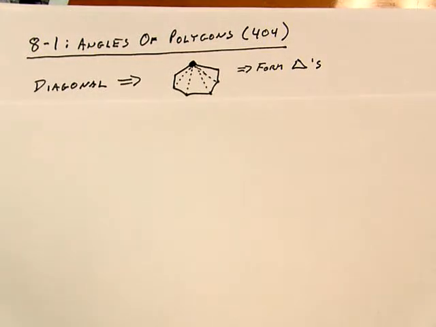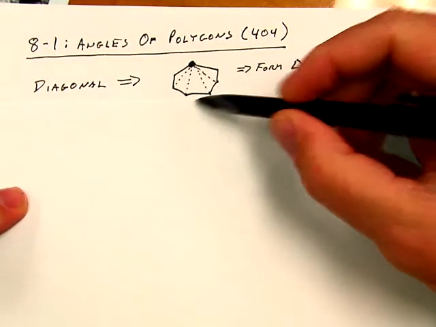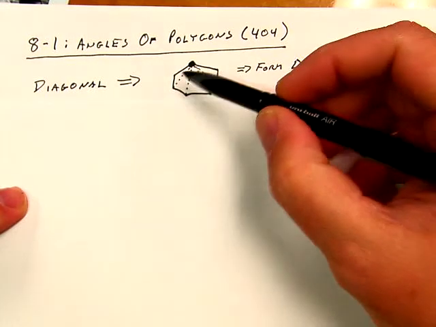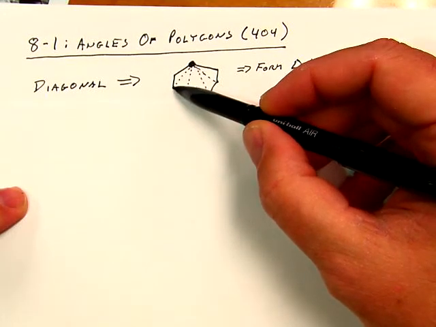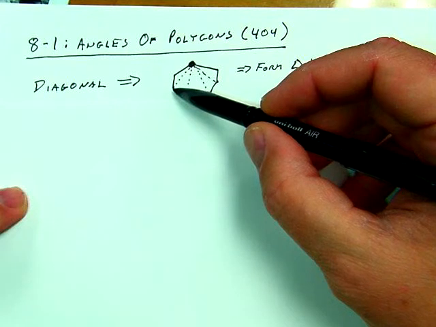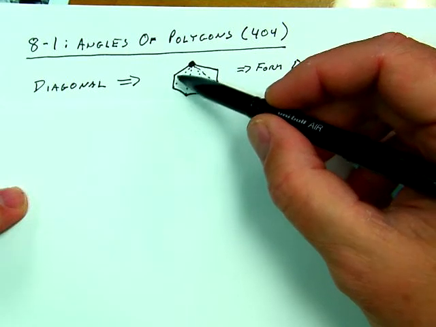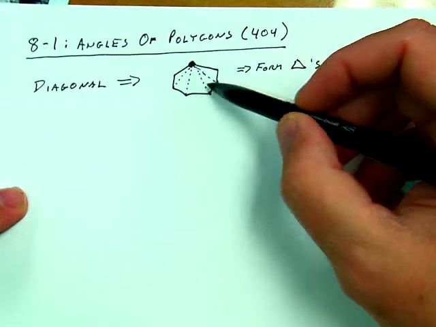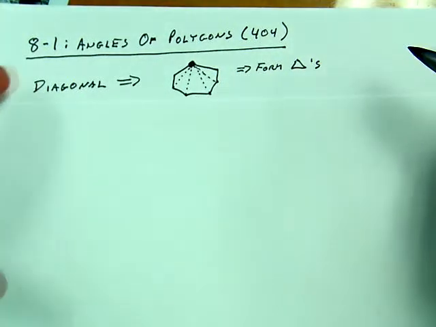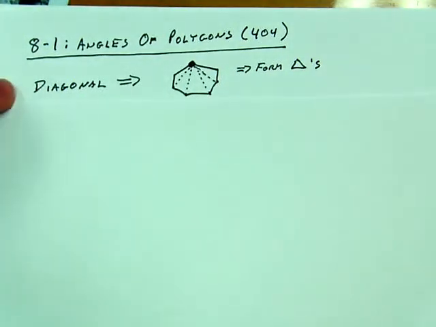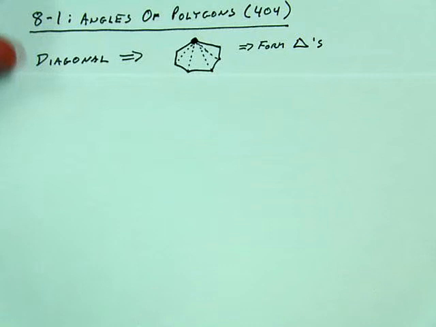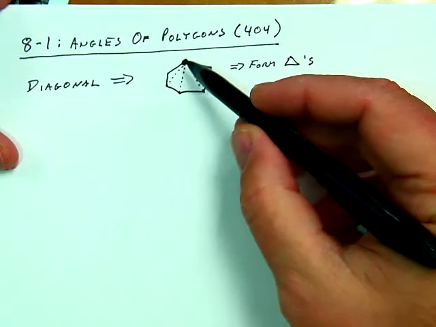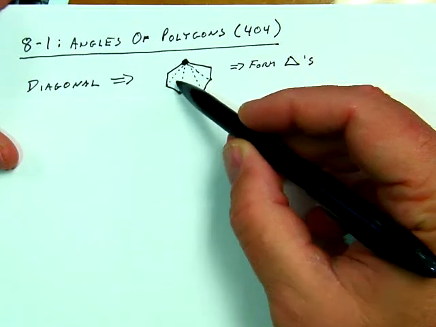What is a diagonal? Well, a diagonal is when I take any vertex of any polygon and I draw a line to another vertex, but the vertex is not an adjacent vertex. So as long as I can draw on the interior, and this is for convex polygons, and what happens is when I draw a diagonal, I end up forming triangles.